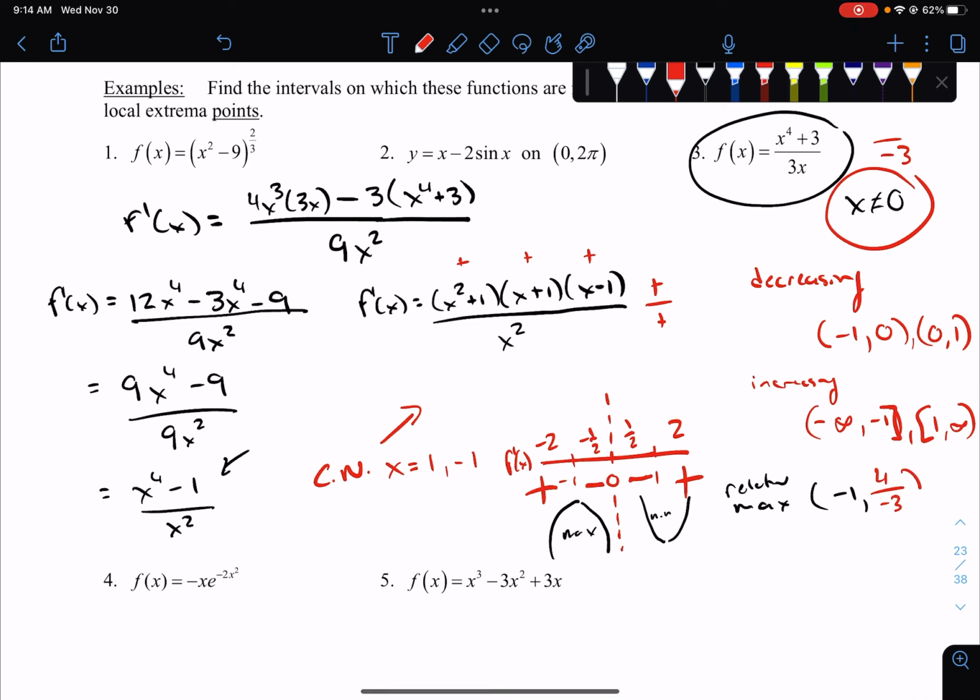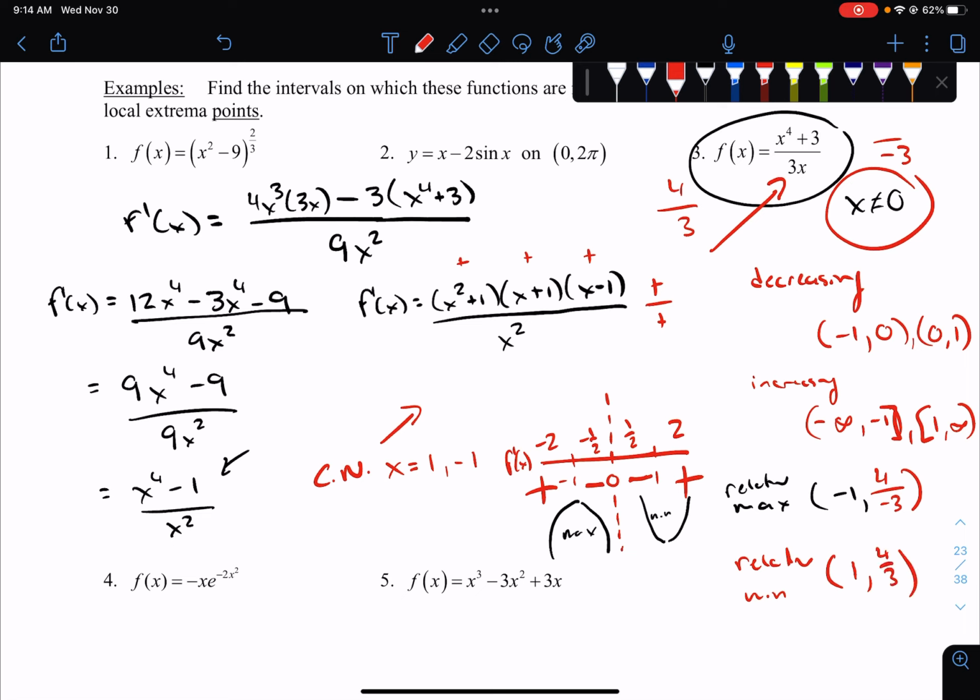So I get negative 4/3. Okay, I have a relative minimum at the point 1, comma. If I plug in a positive 1 up here, I get a positive 3 on the bottom, and I still get a 4 on the top. So that just becomes a positive. That wasn't too bad, plugging in the numbers.